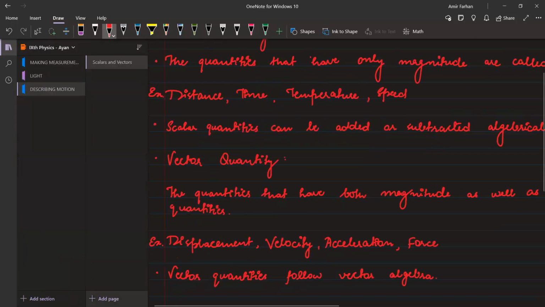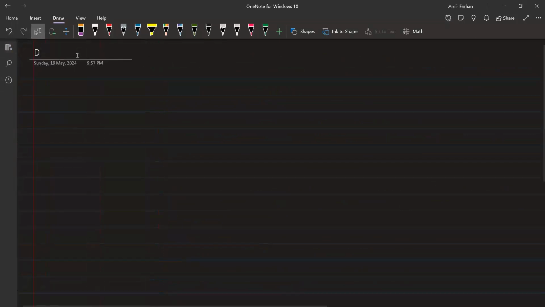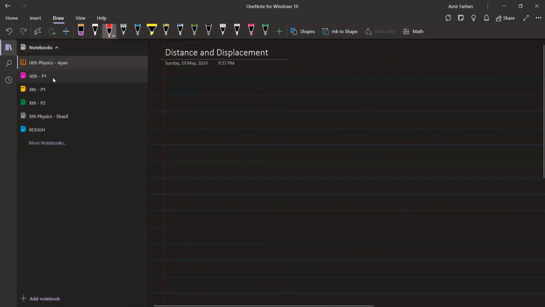Next thing that we have is distance and displacement. To understand this thing, it's very important, so let me take some pictures.